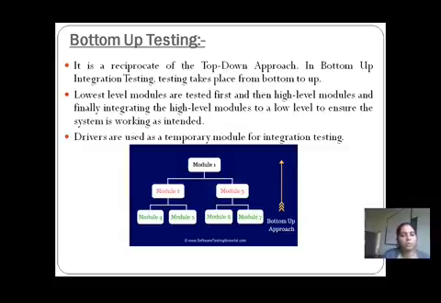Because modules 4 and 5 have their own features, which are combined with module 2, and module 2 has its own new features. Now all these features are combined with module 1, and module 1 has its own features. So when the integration is done between such levels, it should work as per the requirement specification.